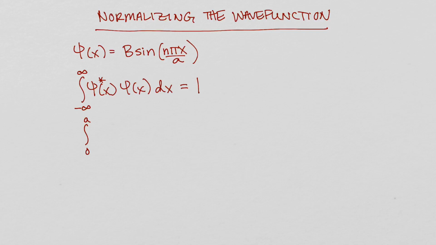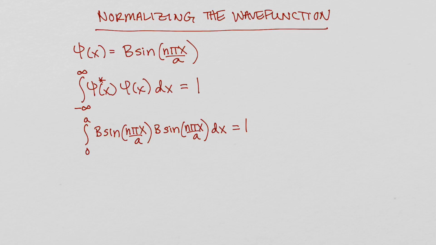There's no i anywhere in our wave function, so we'll just put b sine n pi x over a for our psi star, and then once again for our psi. So we essentially have our wave function squared, our psi squared, and we want that to equal 1. Now what we're going to do is solve for b and see what b has to be equal to in order to make this expression true.